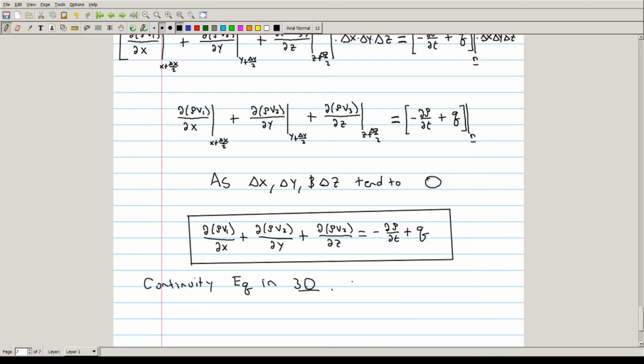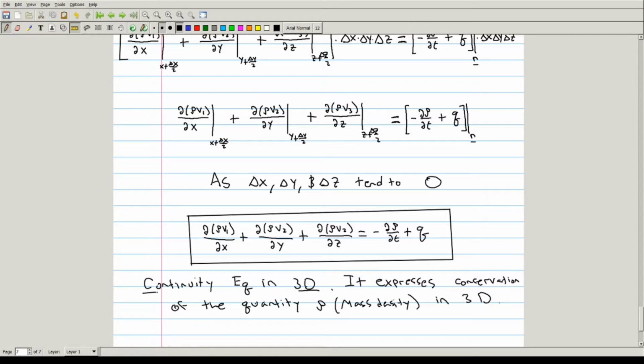The continuity equation in 3D expresses conservation of the quantity rho. In our example, this is the mass density in 3D, so through a three-dimensional domain. And this is a very, very important equation.